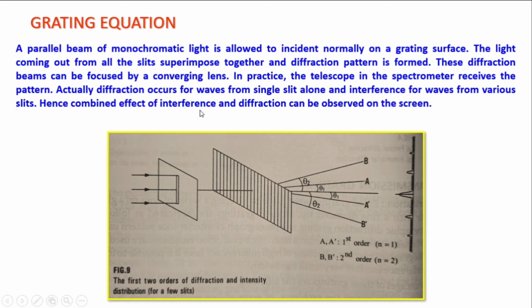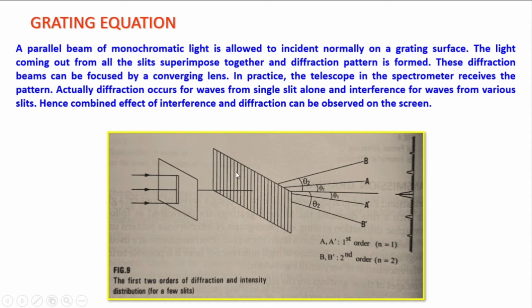This can be explained using the detailed derivations of single slit, double slit, and N slit. There we get some equations, and based on those equations, we can explain the details of the combined effect of interference and diffraction. But for our KTU syllabus, we don't need the details of those equations.